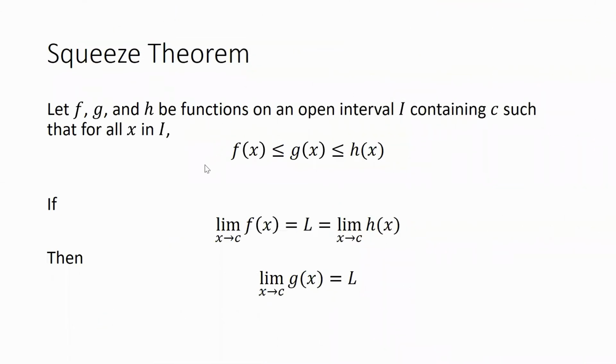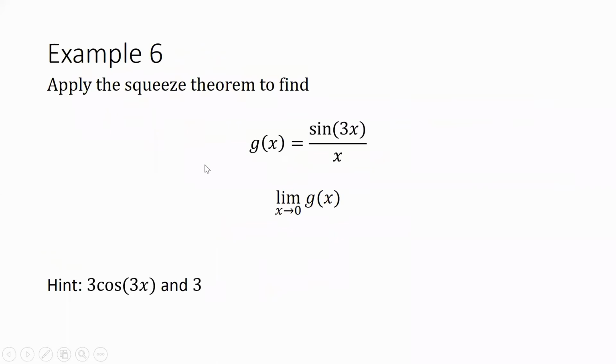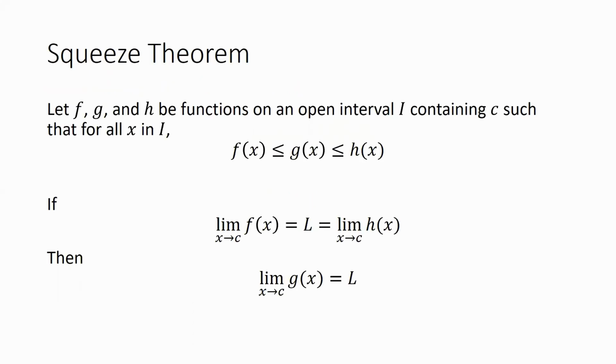So let's take a look at that squeeze theorem and let's apply it to sine of 3x over x. Now, notice that I had originally labeled that as g of x. That's so it would align with the middle function here of the squeeze theorem. So we need to find an f of x and an h of x.